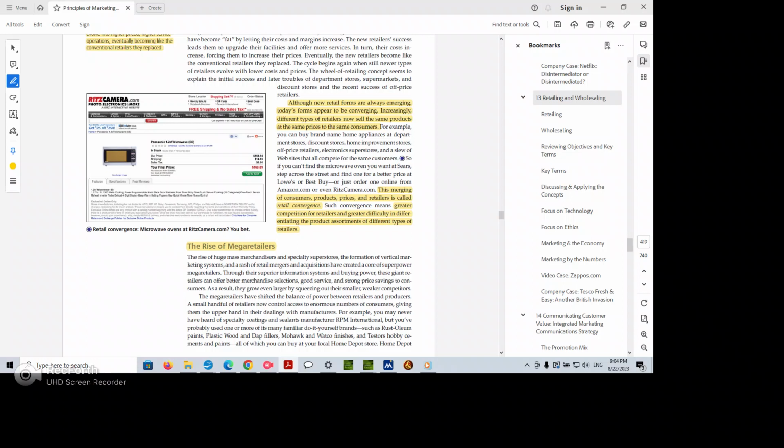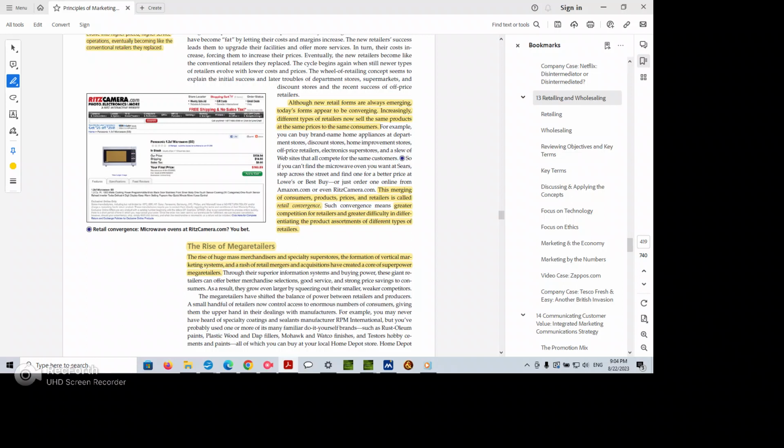Now, let's talk about the rise of the mega retailers. The huge mass merchandisers, especially superstores, the formation of vertical marketing systems, and the rash of retail mergers and acquisitions have created a core of superpower retailers. Okay. Now, let's talk about what that is.